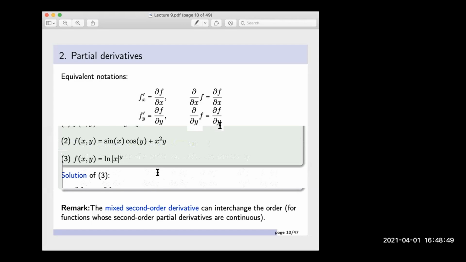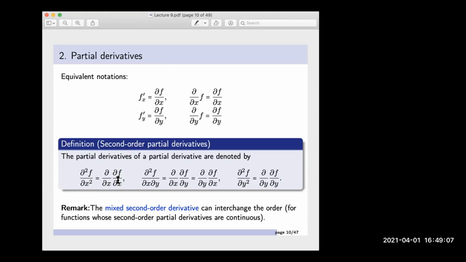Okay? And you can also define a second order partial derivative. The second order partial derivative in x is simply the partial derivative in x of the partial derivative in x. Okay, and for the second partial derivative in x and y, you can consider this to be first taking the partial derivative in y, and then taking a partial derivative in x here.